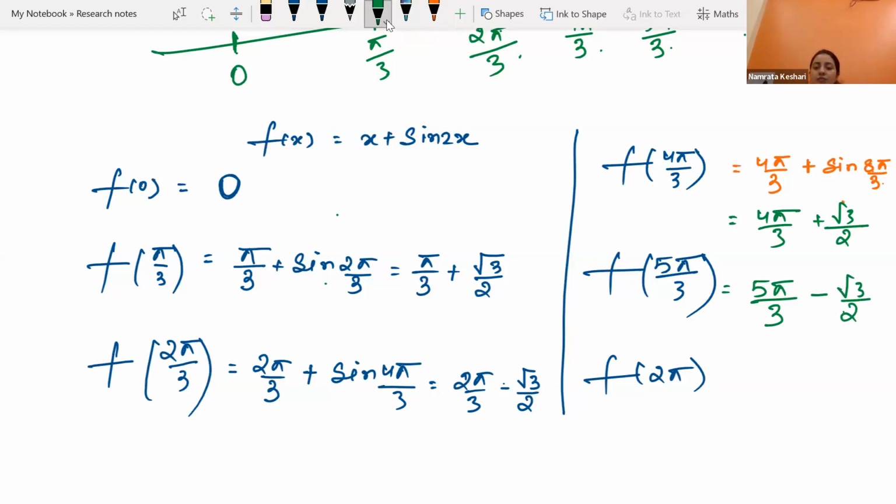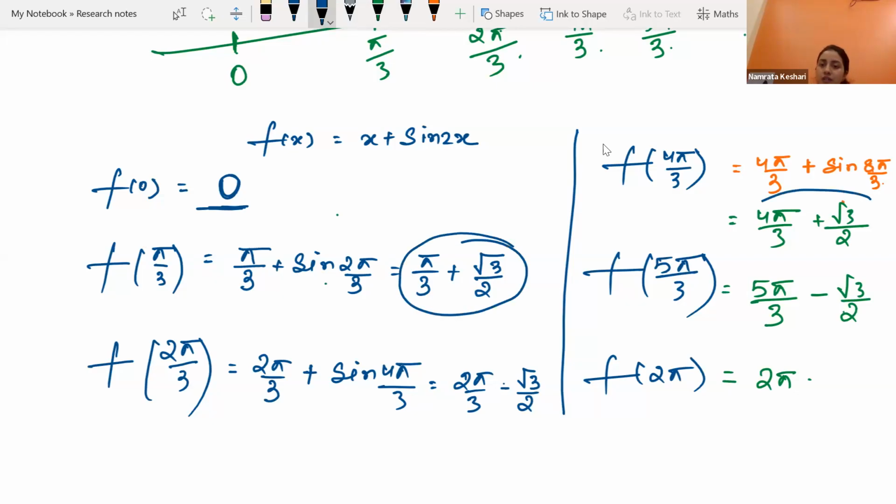Yes. And what about this f of 2 pi? 2 pi plus 0. Perfect. So just 2 pi. Now, among all these values, which one is the highest and which one is the least? So the least, we can see that 0 we are having the least, right? Yes. Okay. Because this one will generate a positive answer. This one will generate a positive answer. What about the subtraction?